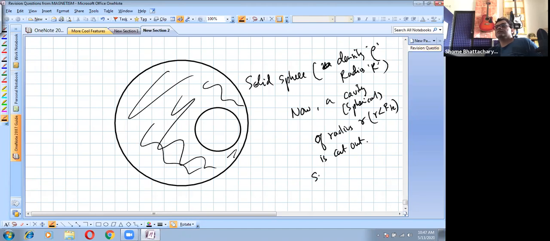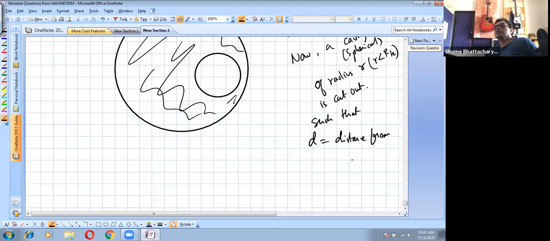such that d is the distance from the center of the original sphere to center of cavity.